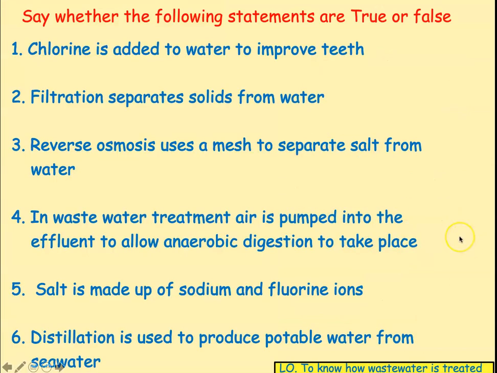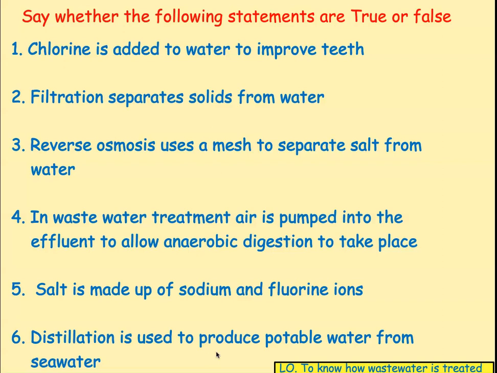Okay, right, what we're going to do here is we're going to write true or false for these statements. So chlorine is added to water to improve teeth. Filtration separates solids from water. Reverse osmosis uses a mesh to separate salt from water. In wastewater treatment, air is pumped into the effluent to allow anaerobic digestion to take place.